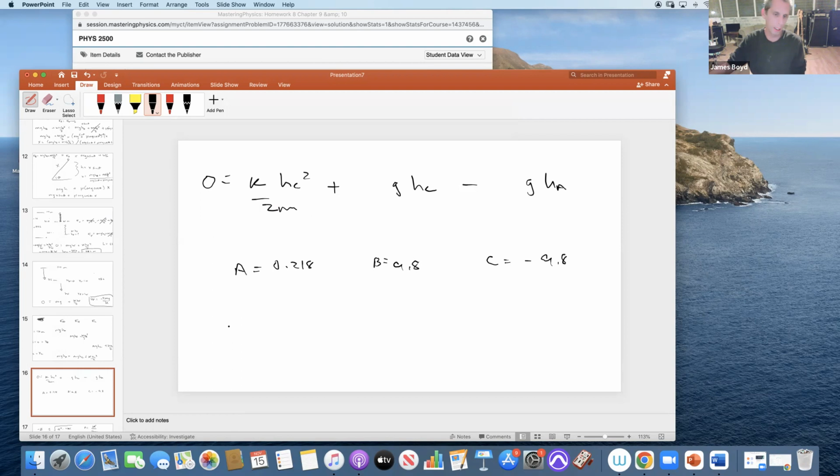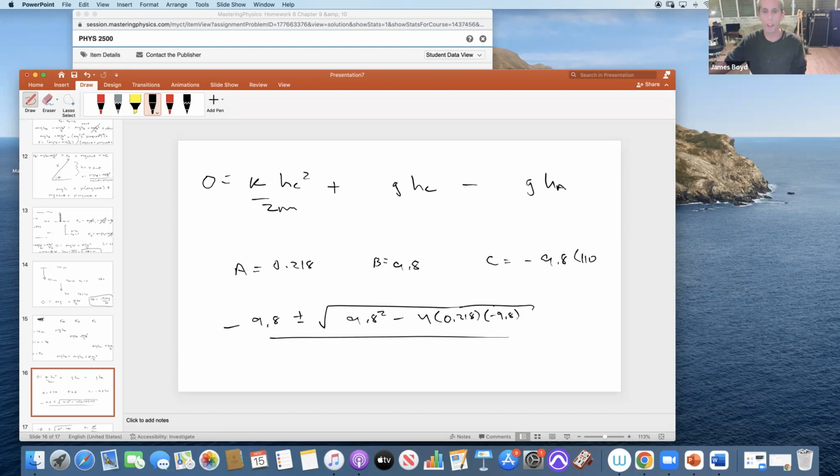So what I get is negative 9.8 plus or minus the square root of 9.8 squared minus 4 times 0.218 times negative 9.8 over, oh, this was times 110.